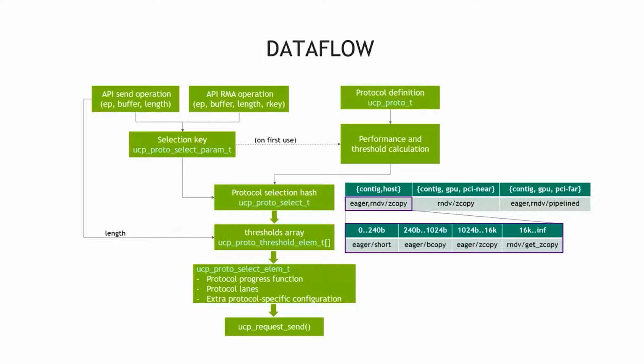So you're saying that our UCP memory map call is not going to do any pinning, just memory allocation, and it will be pinning on first touch? Regarding specifically memory map, you're asking if we can reuse the memory handle that was returned from memory map in some send operations.